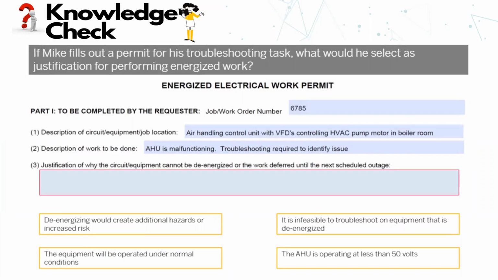Next one, if Mike fills out a permit for his troubleshooting task, what would he select as a justification for performing the energized work? So this is the task mentioned here, and they have mentioned 4 things. Just go through this task and select any one option here. All these options comply with Article 110.4.